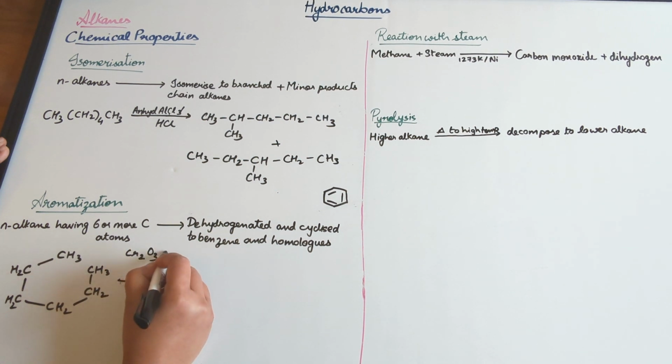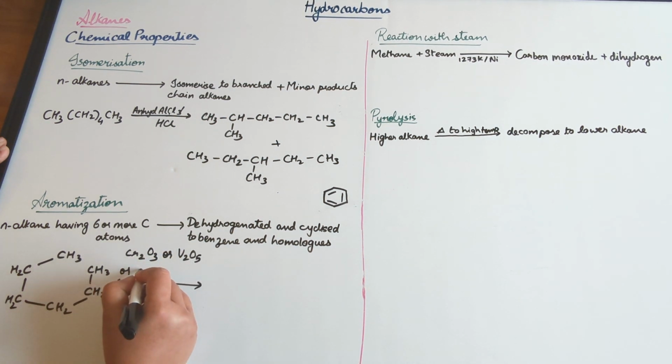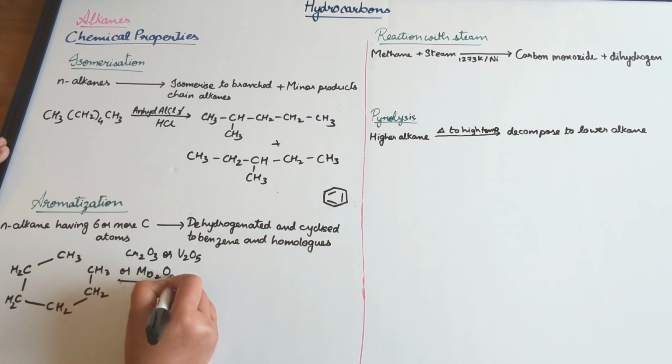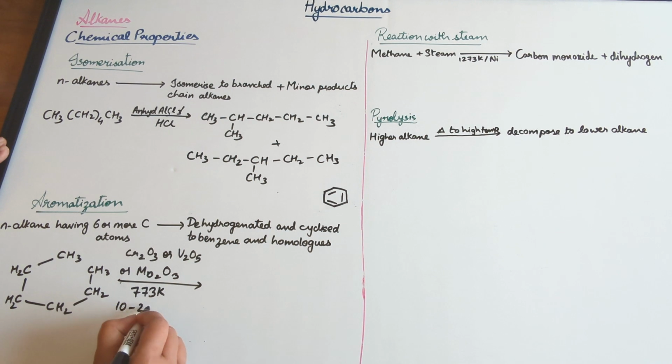So Cr2O3 or V2O5 or the oxide of molybdenum, Mo2O3, and the temperature is going to be 773 Kelvin and the pressure is 10 to 20 atmospheres.